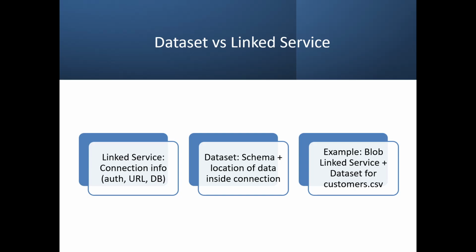One thing to keep in mind, you must define a linked service before creating a dataset. An example is a linked service is an Azure Blob Storage connection, and a dataset would be a CSV file named, for example, customers.csv inside a raw data container.